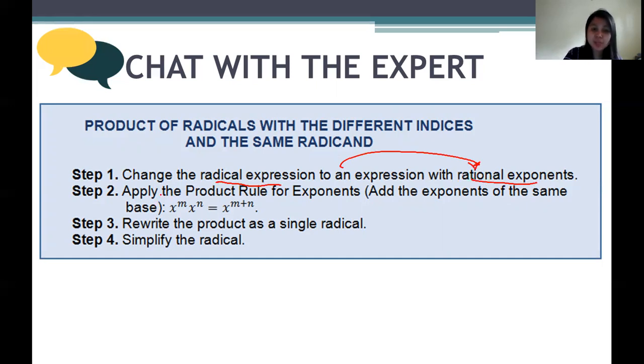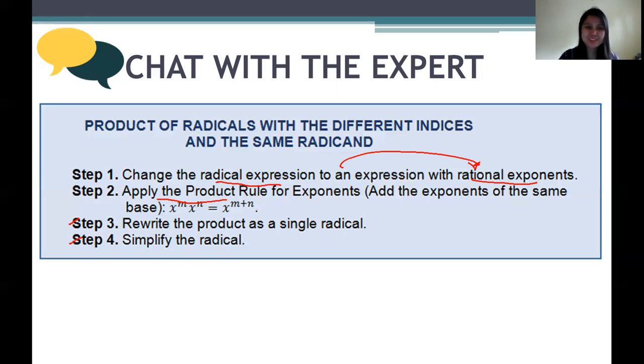The next one, we apply the product rule for exponents, like we add the same exponents. In step 3, we write it again into a single radical. And step 4, we simplify the radical.